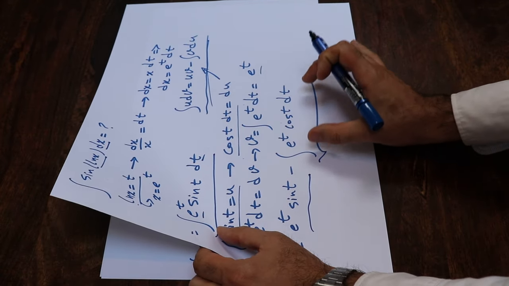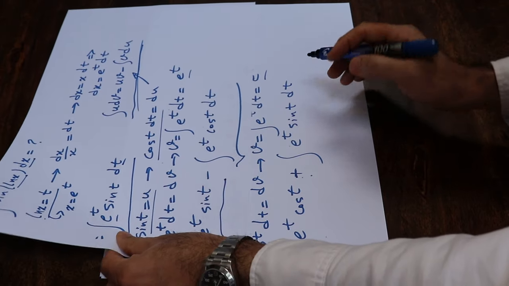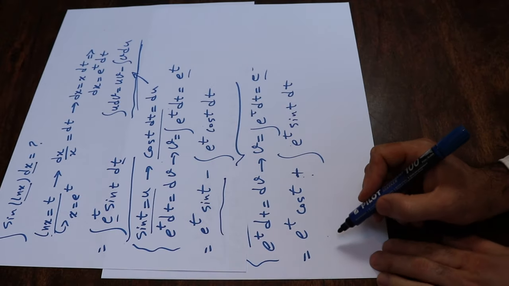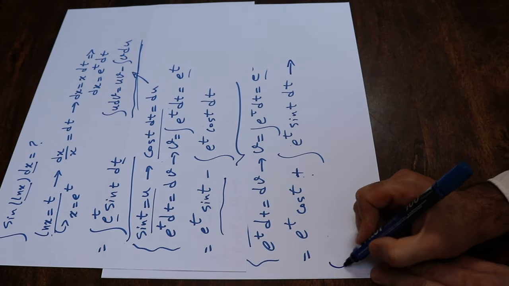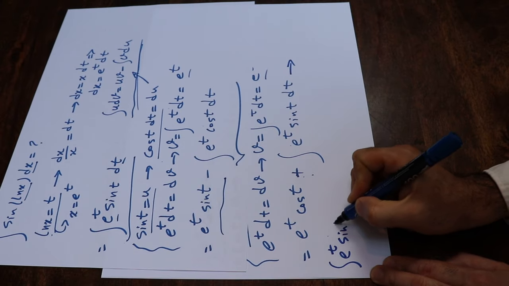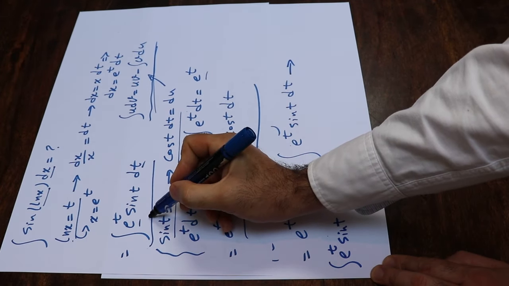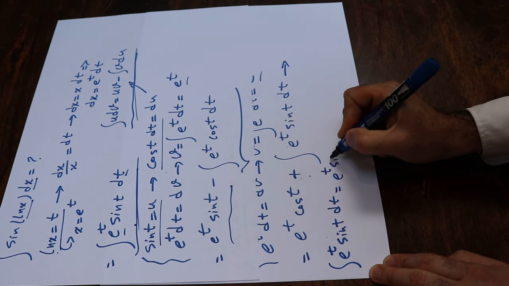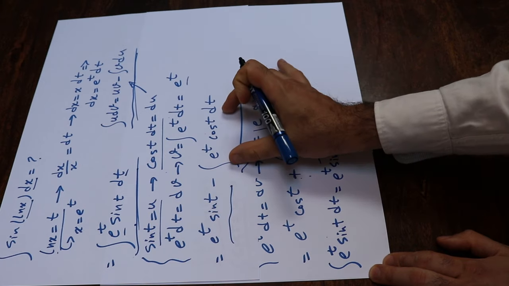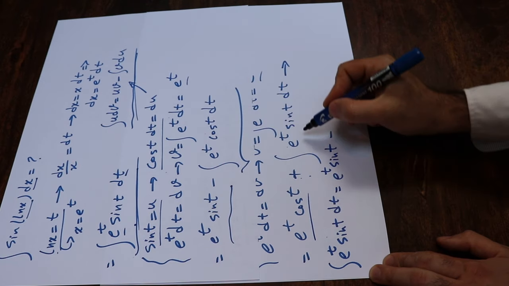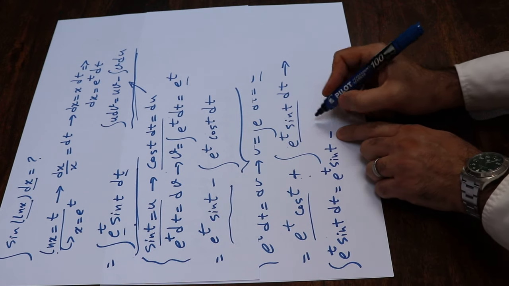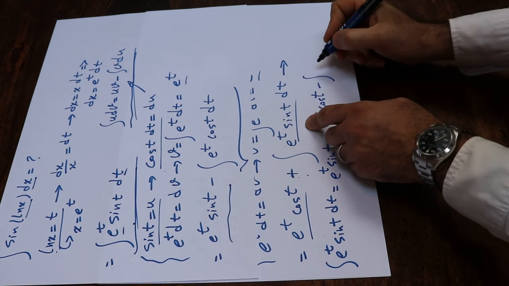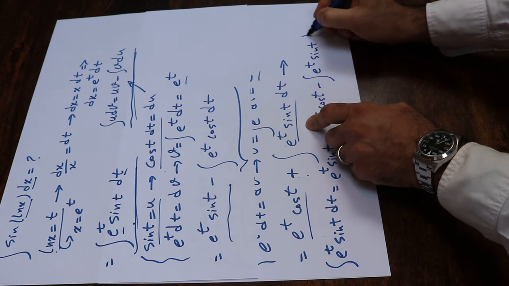We calculated the integral of this term, so now if we substitute this solution here, the integral of e^t sine t dt is equal to the first term, e^t sine t, minus the integral of the second term, and this integral is equal to these two terms we already calculated. So that will be minus e^t cosine t minus the integral of e^t sine t dt.